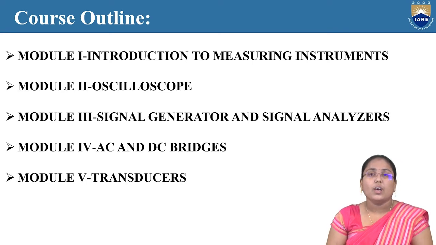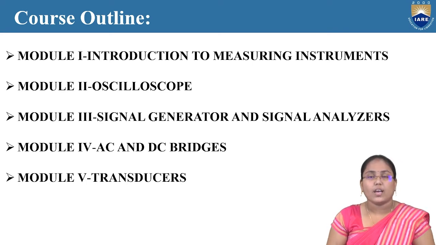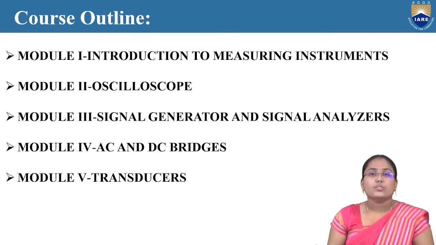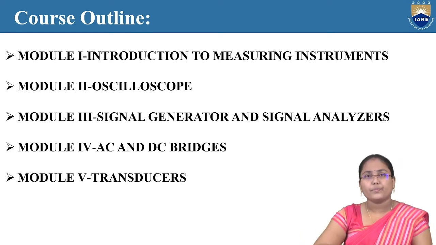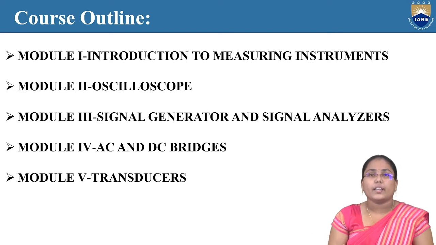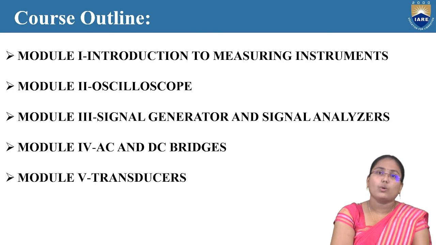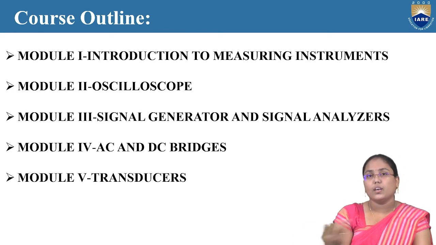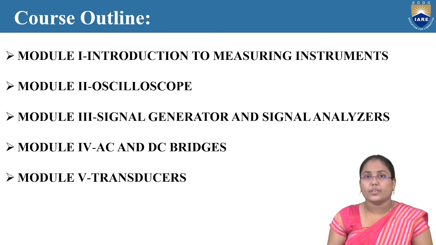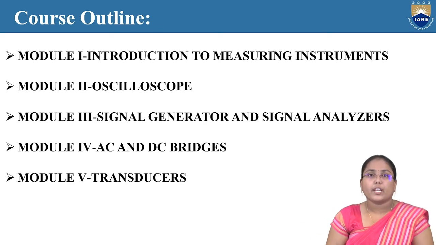The term transducer covers sensors, actuators and different types of devices. We'll be discussing how to convert from one form to another, like converting pressure to voltage, or pressure to another form. With a sensor, we'll see how the input is taken through the sensor and how the data is converted into another form. We'll discuss different types of transducers in the fifth module.